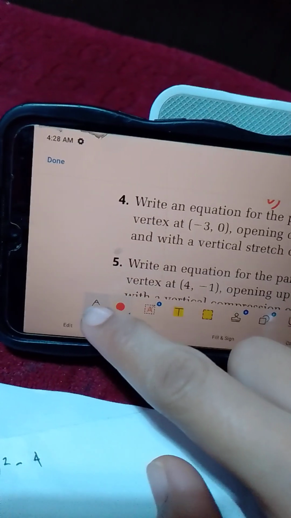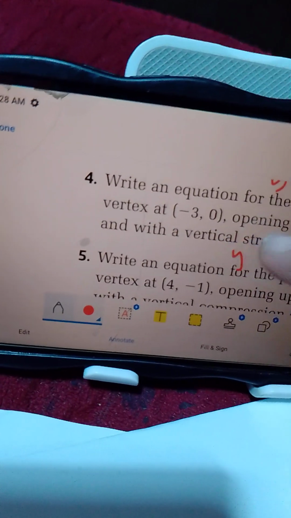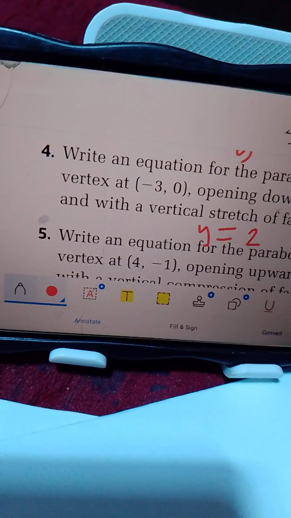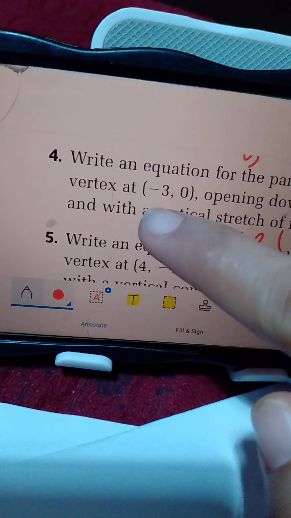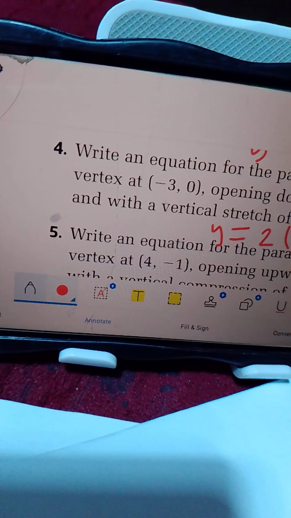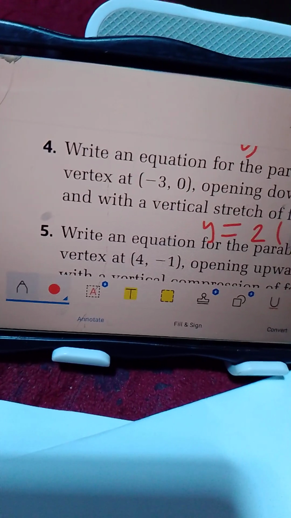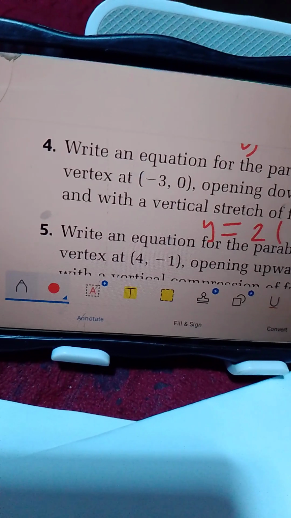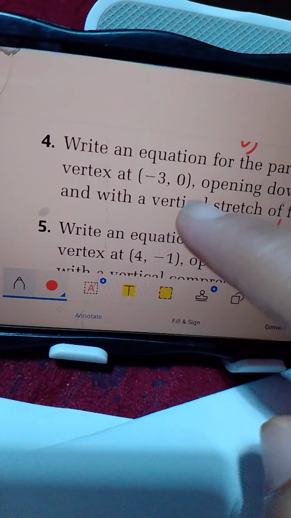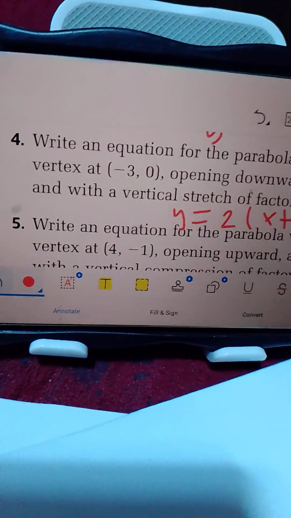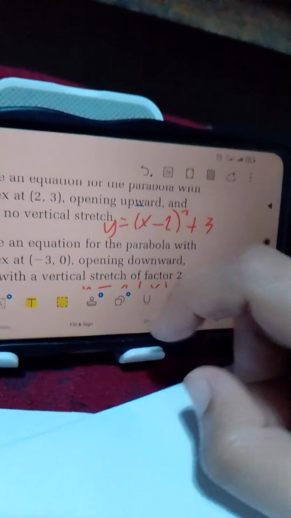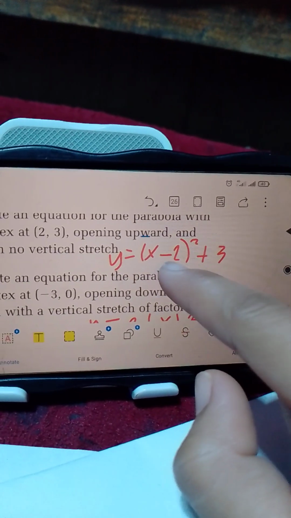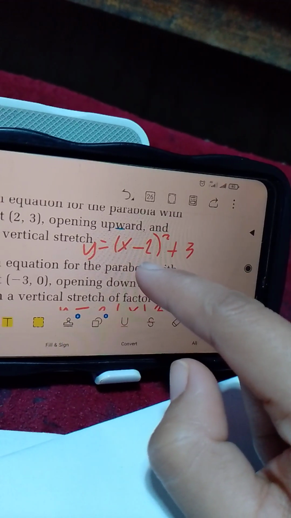So we have y equals 2 times (x plus 3) squared, because we have y as 0. For number 1, I've corrected it already. Instead of positive, we have (x minus 2) squared plus 3.